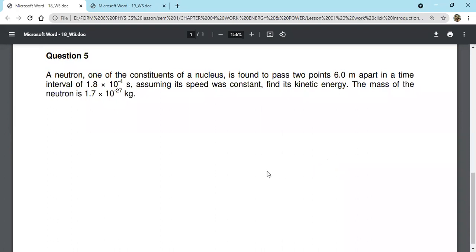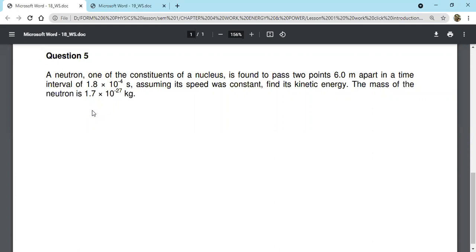Okay, so a neutron, one of the constituents of a nucleus, is found to pass 2.6 meters apart in a time interval of 1.8 times 10⁻⁴ seconds. Assuming its speed was constant, find the kinetic energy if the mass is 1.7 times 10⁻²⁷ kg.